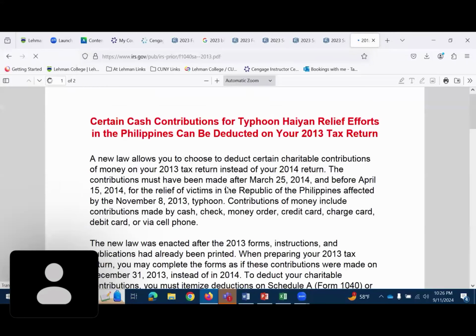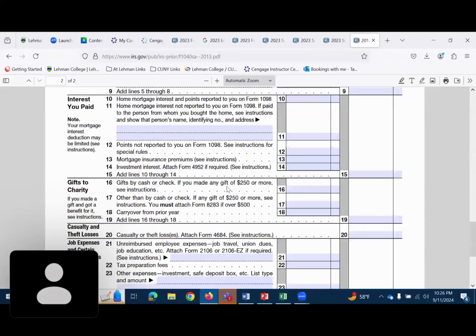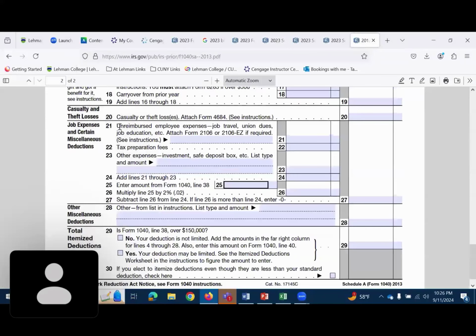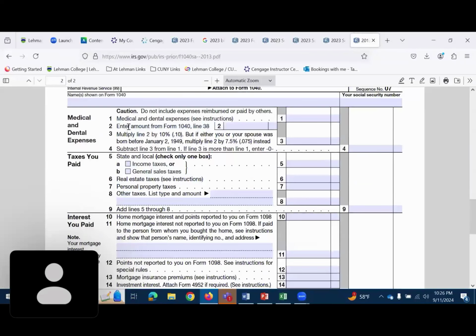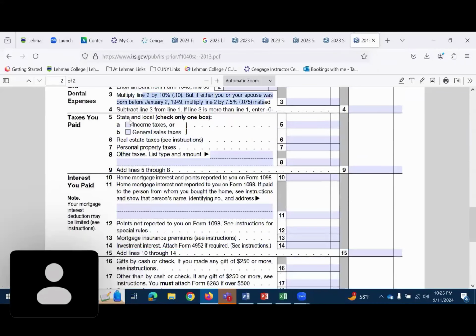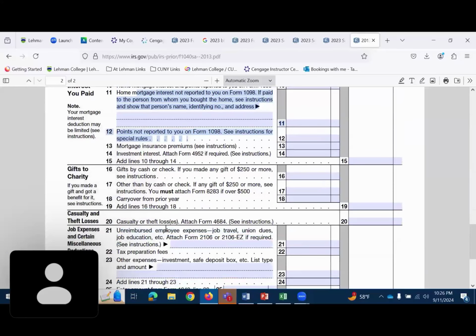If you look down on this form, there are all of these other types of expenses here. You still had your medical, which was calculated differently. There was a 10% limit, then a 7.5% limit, because the tax laws change. Taxes that you paid, interest that you paid, gifts to charity, that's all the same.